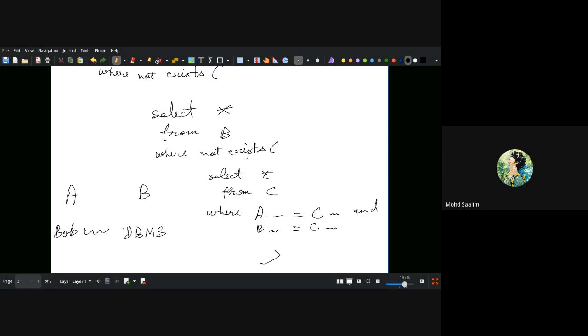And we are moving this loop to every single course and checking. For example, we have Bob here, and we have DBMS, PDSA, and let's say MLF. This is the courses table, and in this we have three courses. We are selecting each course from the courses table and checking whether the current student, Bob, is enrolled in this course or not.